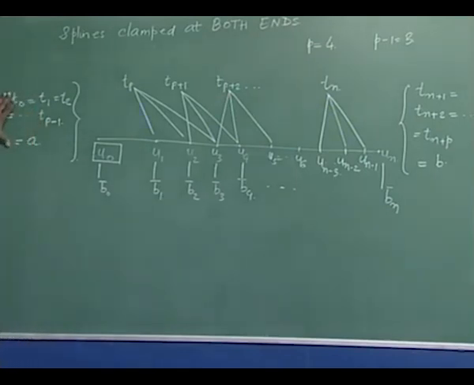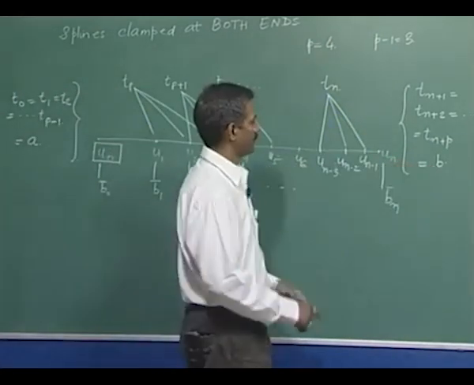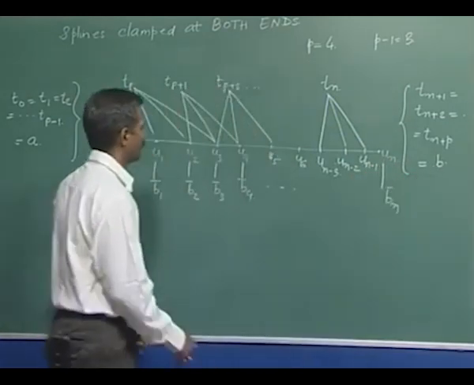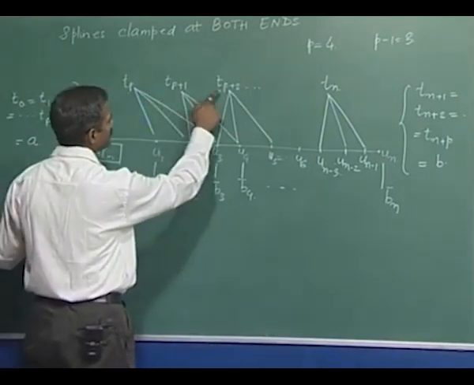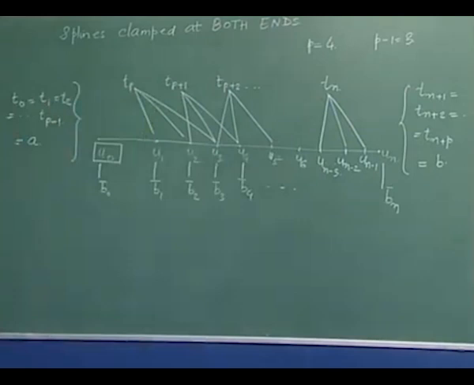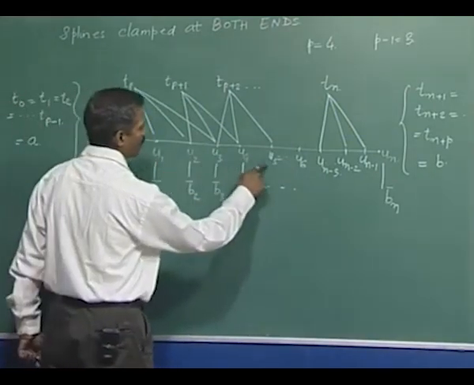With the first p knots as a, and say a is equal to u sub 0, with the last p knots as b and we set un equals b, my internal knots Tp, Tp plus 1, Tp plus 2 up till Tn can be computed as averages of these parameter values.